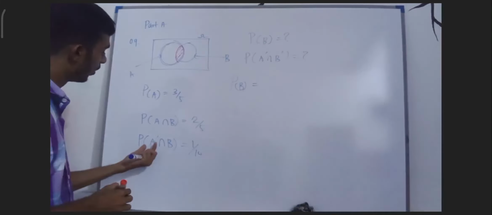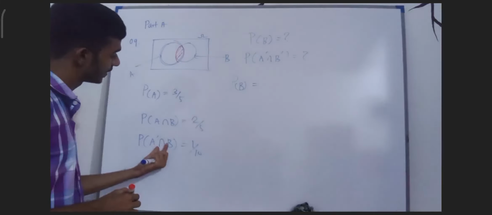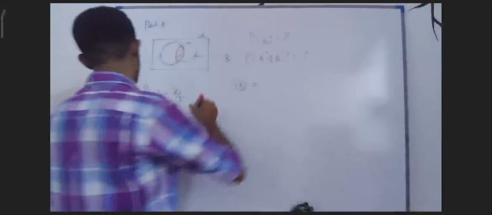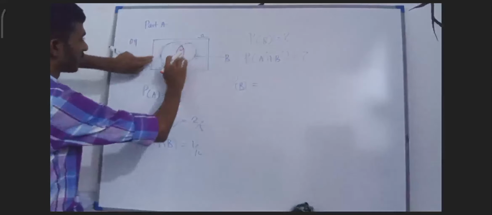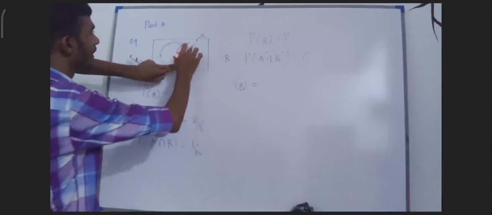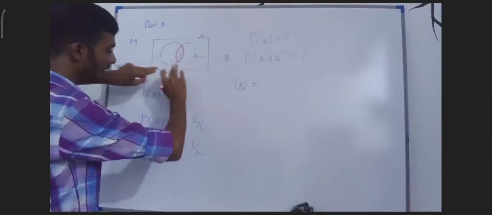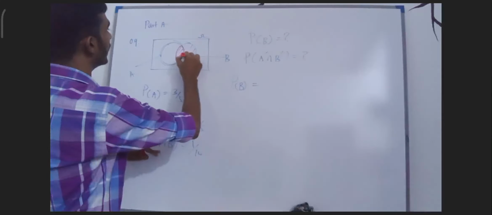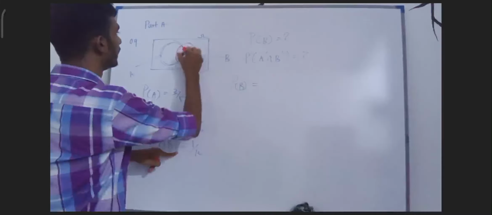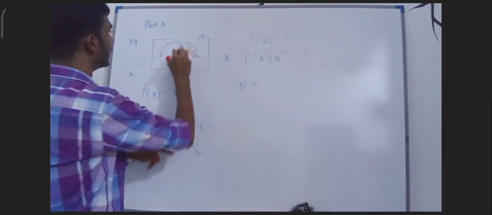And probability of A dash intersection B means, A dash means the rest of the area excluding A, and B means this one. So for both these, the common area is this, right? Now this is 1/10 and this is 2/5.